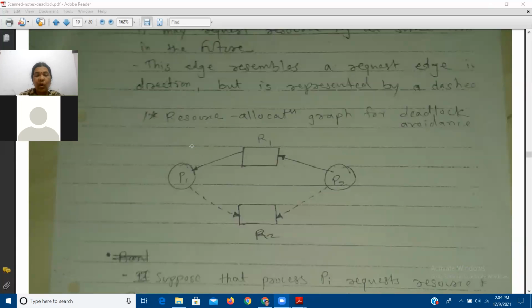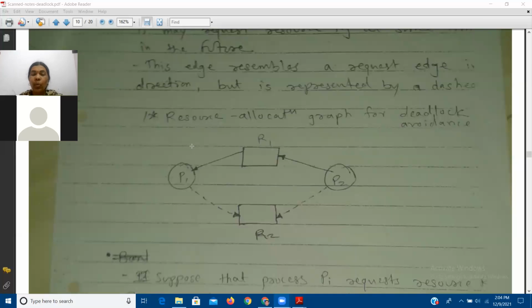So in this resource allocation graph, one request edge is there, that is process P2 requesting resource R1, and R1 is already allocated to process P1. The remaining two edges are shown with the help of dashed lines. Process P1 to R2 is called a claim edge.